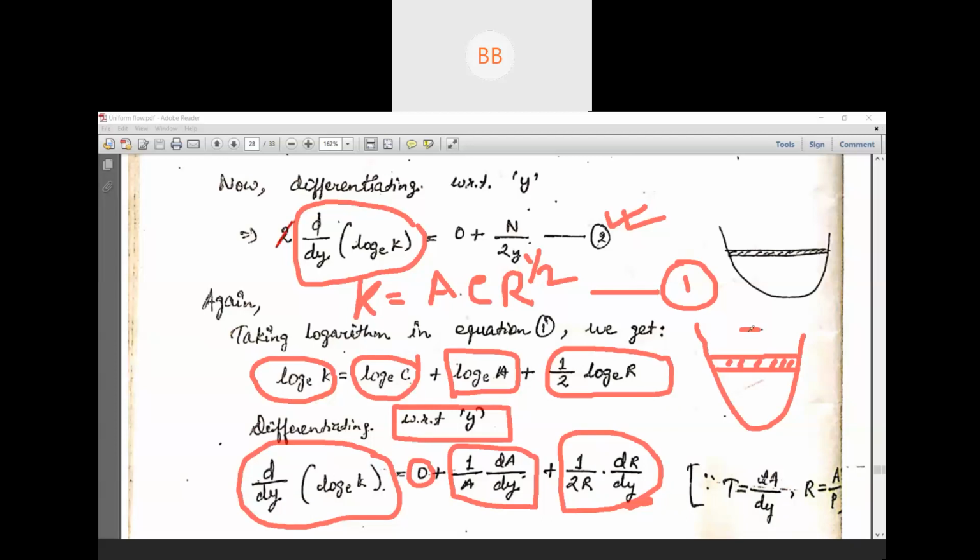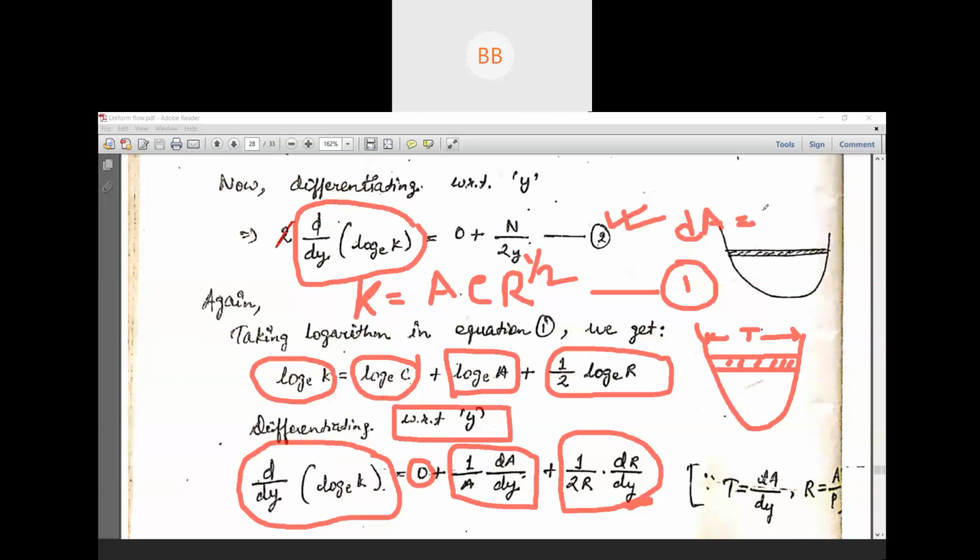So if you want to find the top width, okay, consider it's a rectangular channel, so dA is the area. Definitely it will be b into dy.